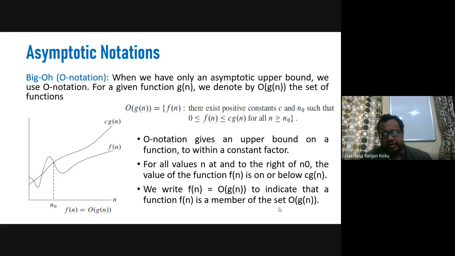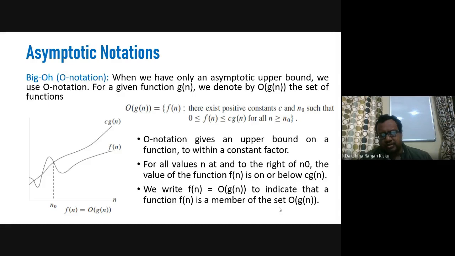That means if we determine the upper bound using this asymptotic notation big O, then we can say that after this point there will be no increase of the time. So running time will not be increased. This is the maximum limit.